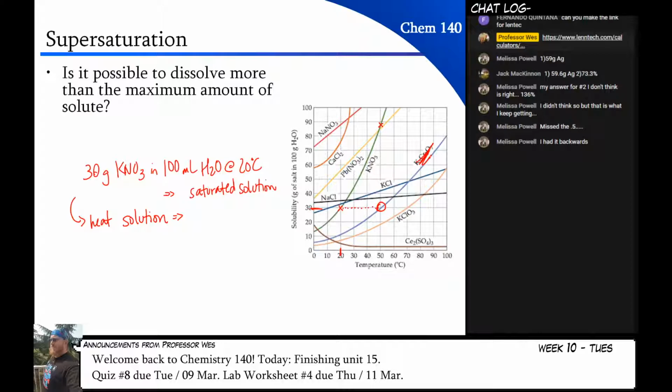Is it saturated or unsaturated or whatever? What's the result? Any idea?